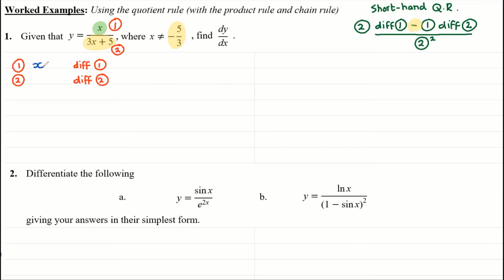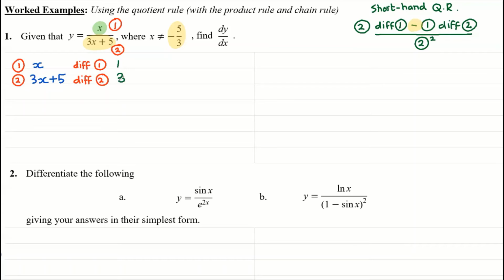Okay, so x and 3x plus 5. So in this instance, there's no alarm bells here. If we differentiate x, of course, we're just going to get 1. That's year 1 differentiation, isn't it? And if we differentiate 3x plus 5, once again, that's nice and straightforward. It's going to be 3. So we've got all the ingredients we need.